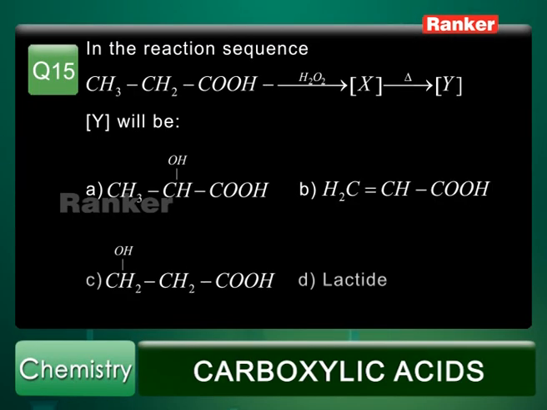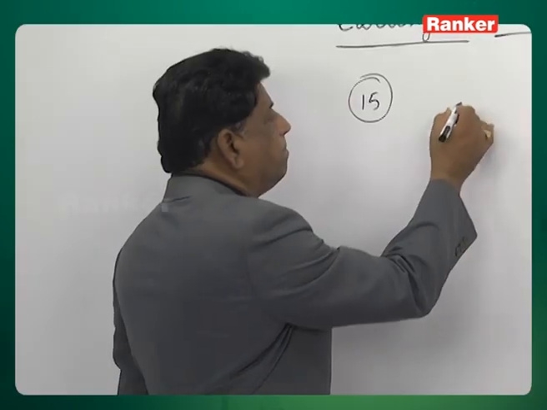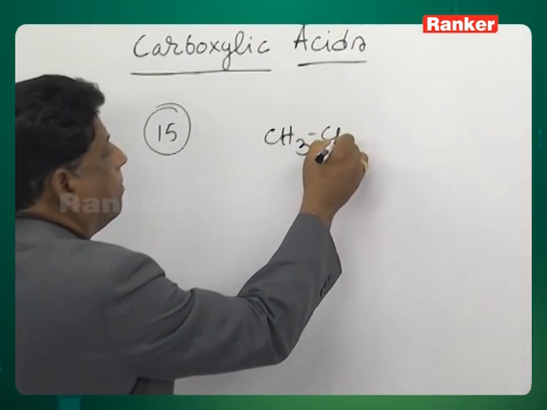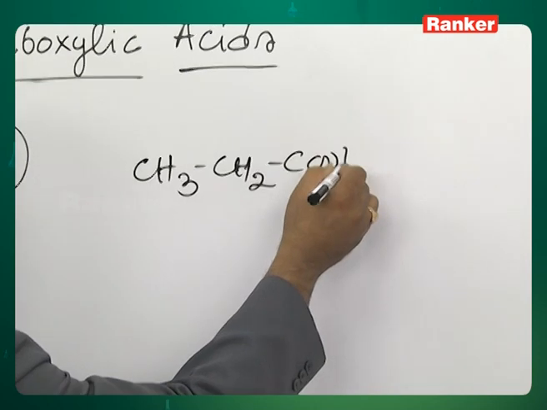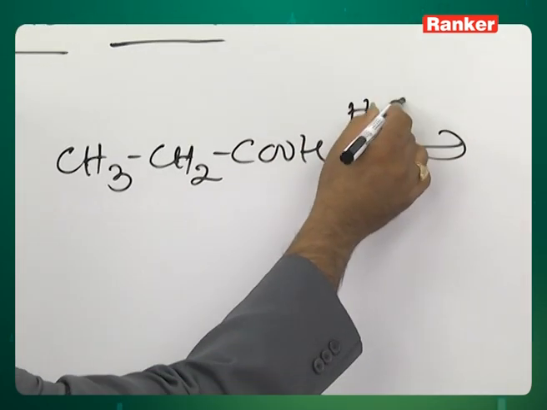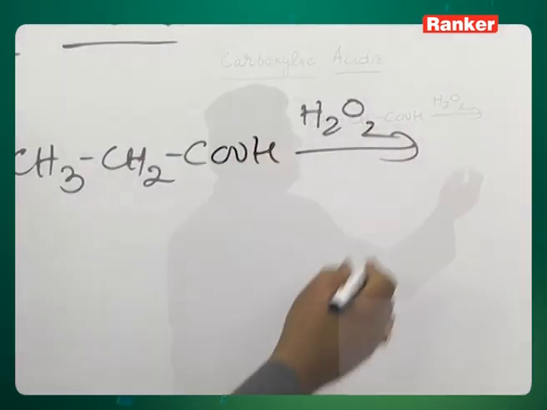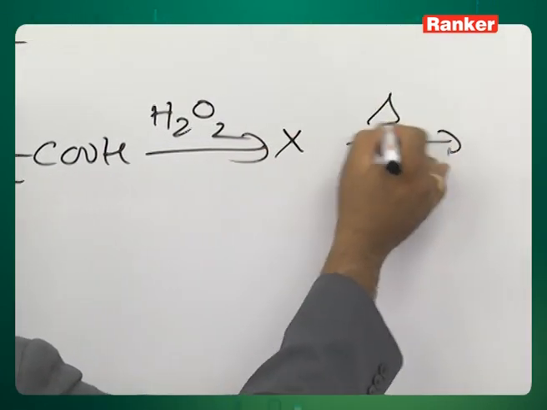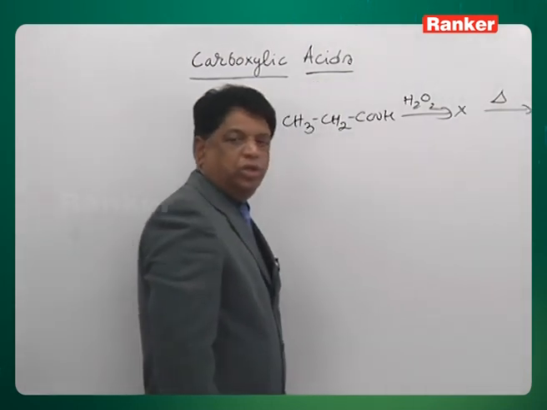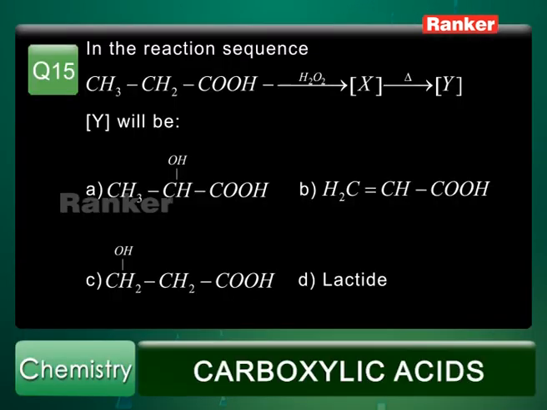In the reaction sequence, propanoic acid is treated with hydrogen peroxide, and the X compound is formed, which on heating gives the Y compound. The question is what is Y? So in this reaction what is happening?